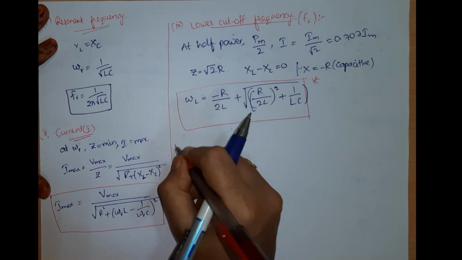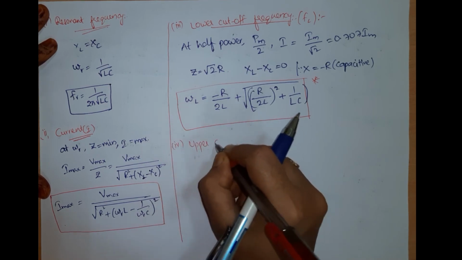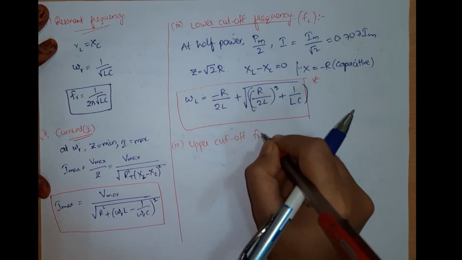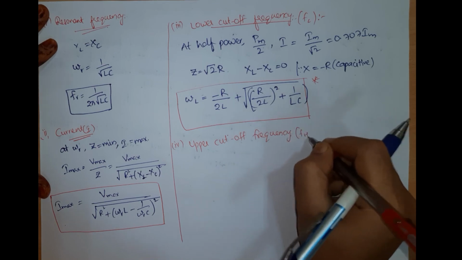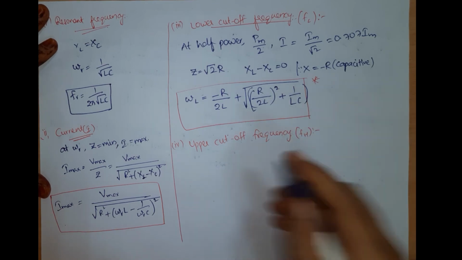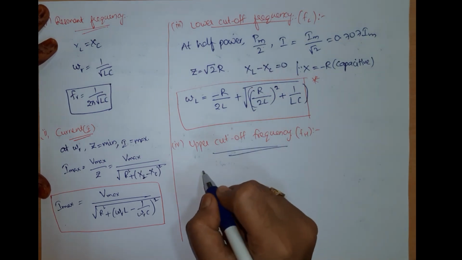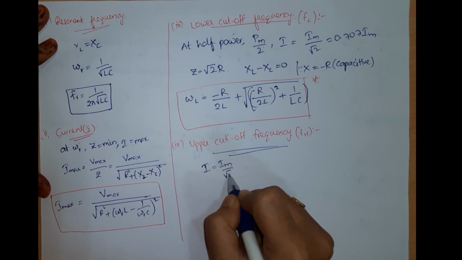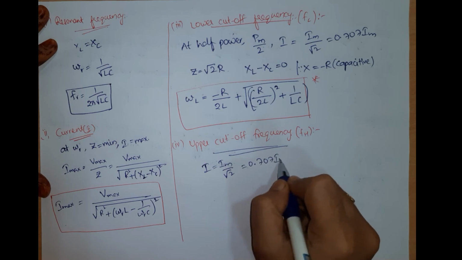In the same way, upper cutoff frequency, FH, same at half power. I is equal to I max by root 2, that is 0.707 I max.